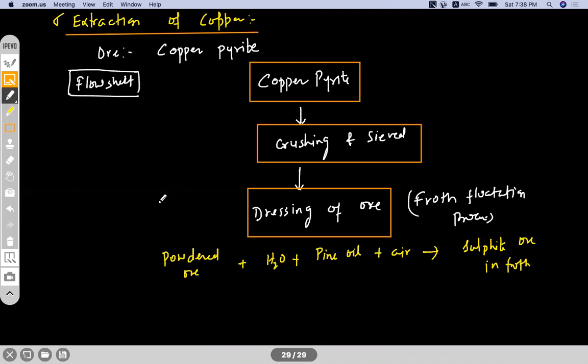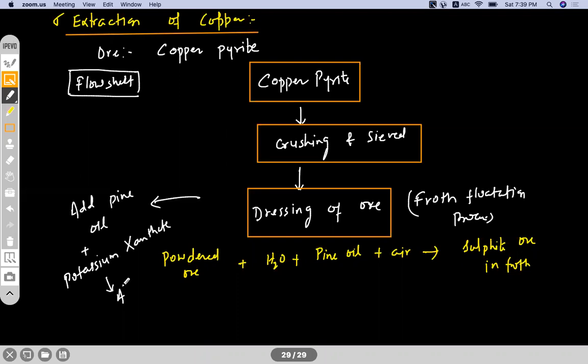So in short, stepwise I'll write down here. So we add pine oil. Detail we have discussed. We also add potassium xanthate or sodium xanthate, and the mixture will agitate, right?